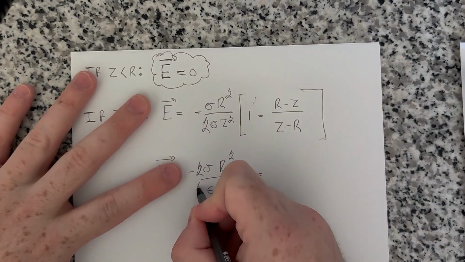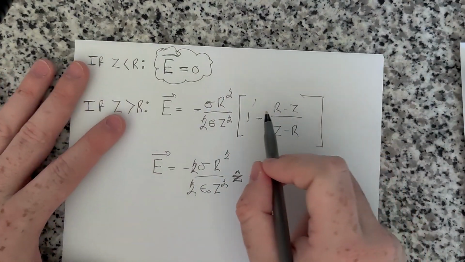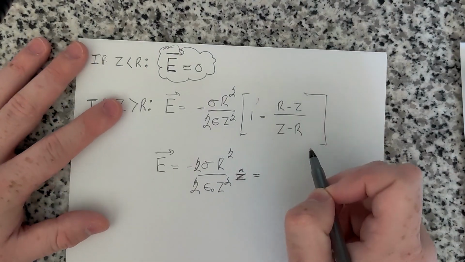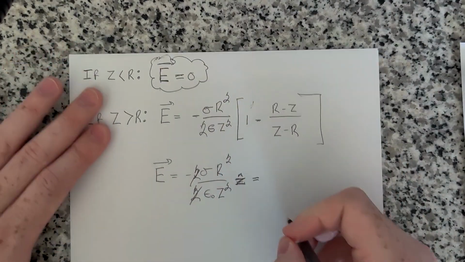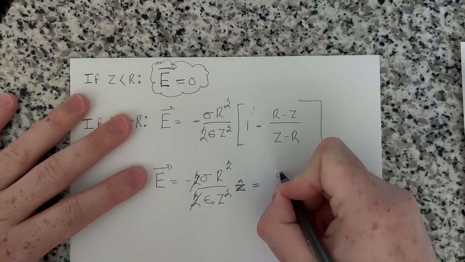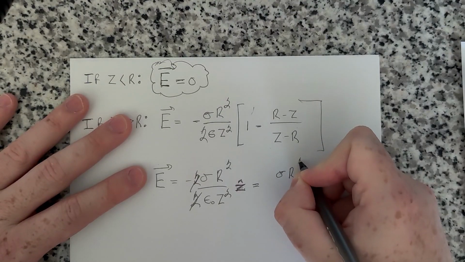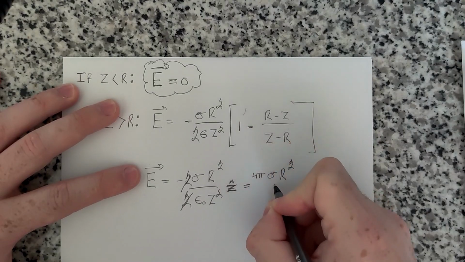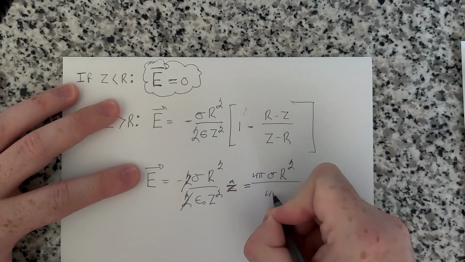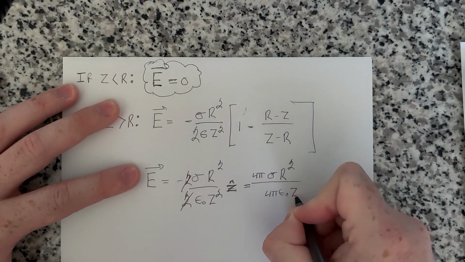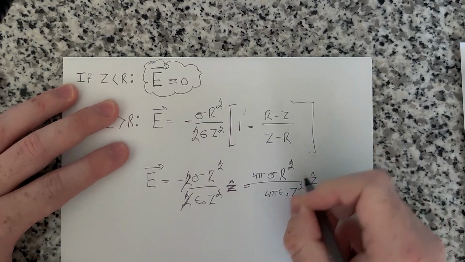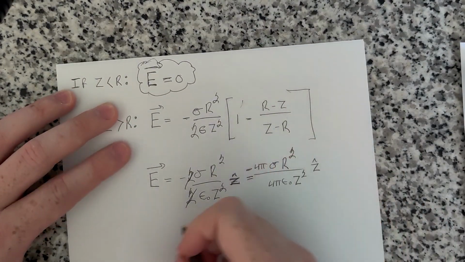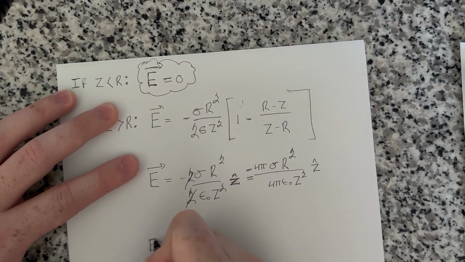So this 2 that we pulled out actually cancels out. So what we find is that we have sigma r squared, and like I said, we're multiplying by 4 pi over 4 pi epsilon naught z squared. We have a negative sign, but I don't think that should be there.